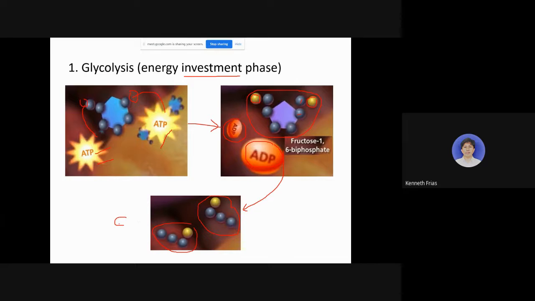G3P is glyceraldehyde triphosphate, and the other is DAP, also known as dihydroxyacetone phosphate. Now, the details here will be discussed in other, more advanced biology subjects. But basically, G3P and DAP each contain three carbons in their molecule.